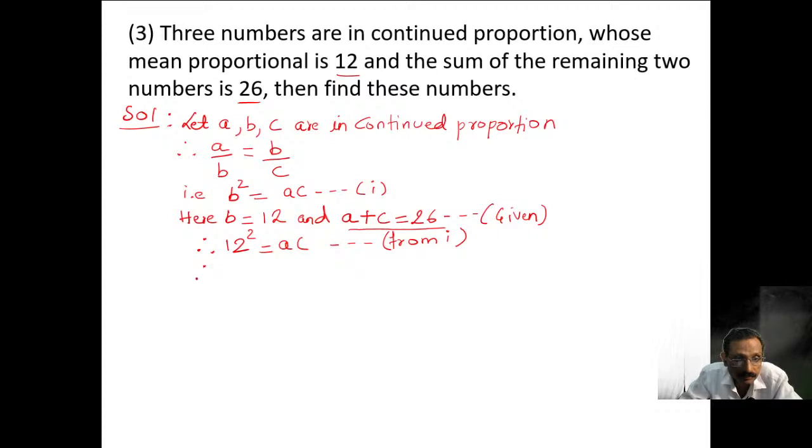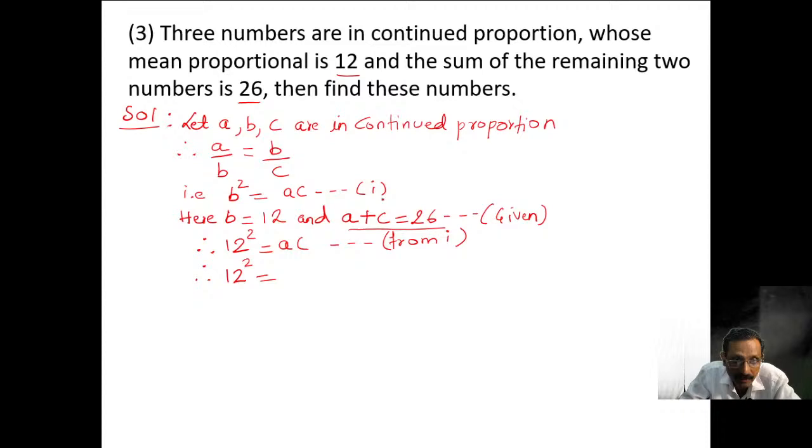Therefore, now what I am going to do is 12 square, which is equal to... what is the value of A given to me? Or C. But I will substitute the value of A given to me.